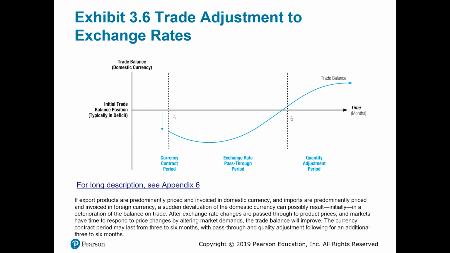But with a reduced export price, you cannot expect to gain the benefits of increased export immediately because the demand elasticity of export is relatively lower. It's less sensitive to price changes.